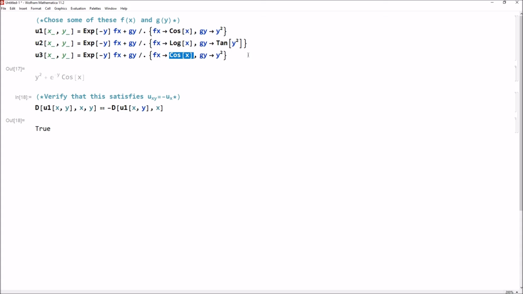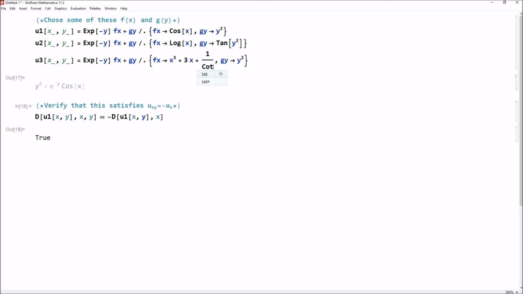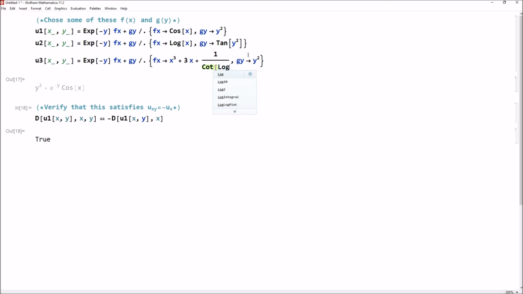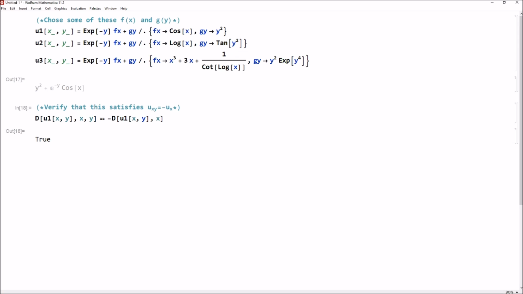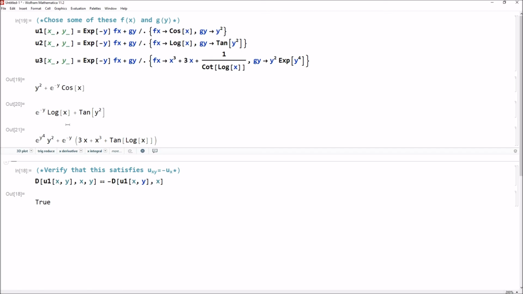I think we said f was going to be x cubed plus 3x plus 1 over cotangent natural log of x, something really complicated. And then g of y here was going to be y squared e to the y to the fourth, right? Something like that.